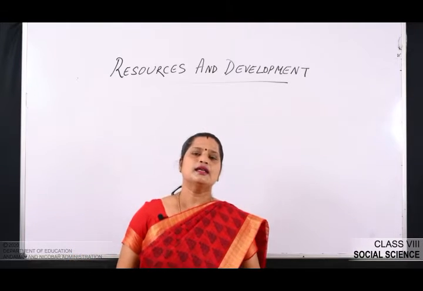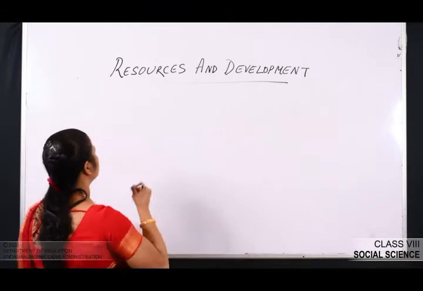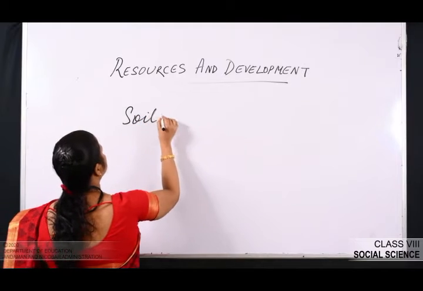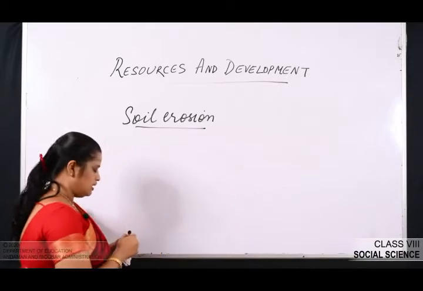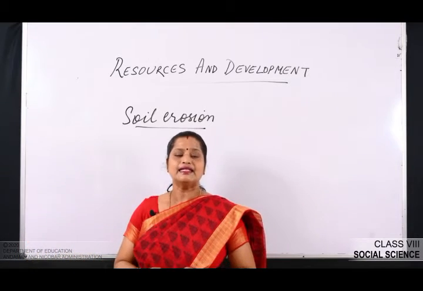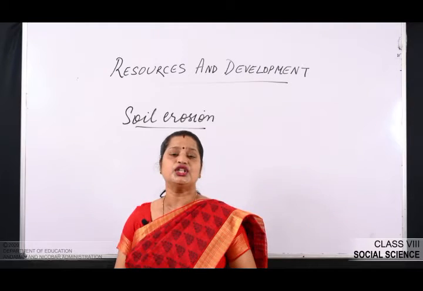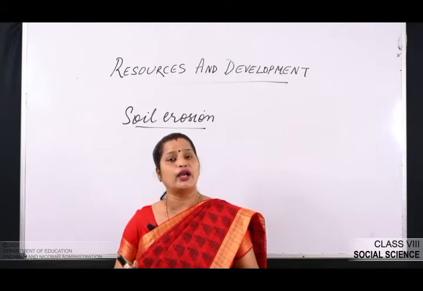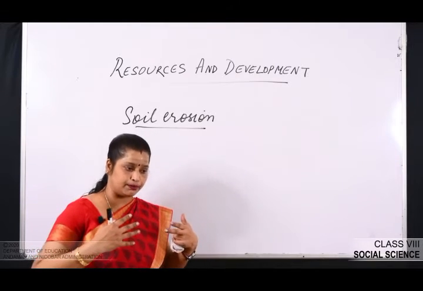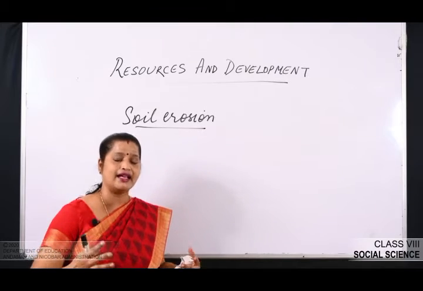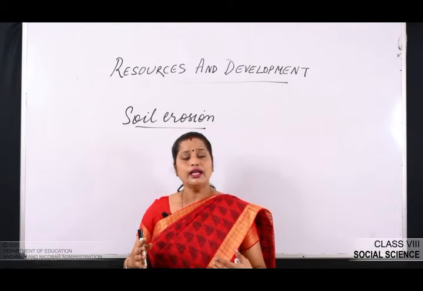So, my dear students, when I say soil erosion, it means the denudation of the soil cover and the subsequent washing down is described as soil erosion. Means the erosion, and when the soil nutrients and soils get washed away with the flow of water, we call it soil erosion.